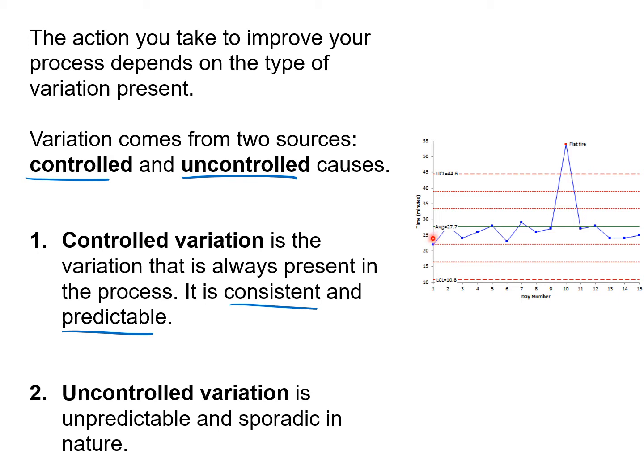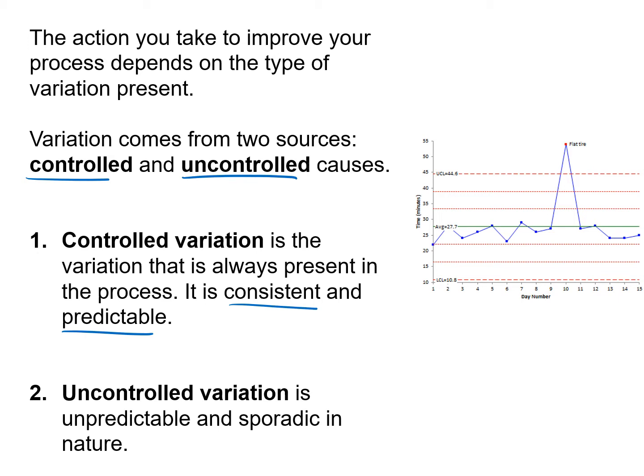So the temperatures could be going up and down just a little bit over time. Maybe this is the temperature of a day, okay? Or if you were injecting plastic for making plastic toys, maybe you have slight variations in the plastic from a supplier, which results in minor variations of the product strength. But that's no big deal. A little tiny bit of variation is normal and to be expected.